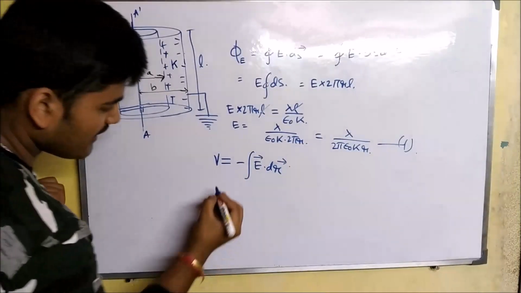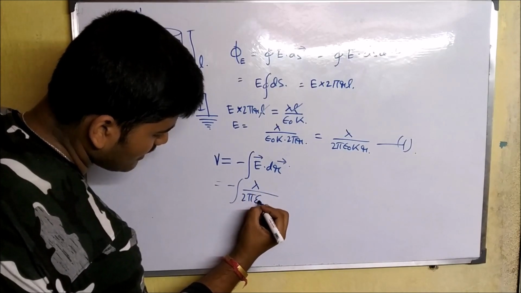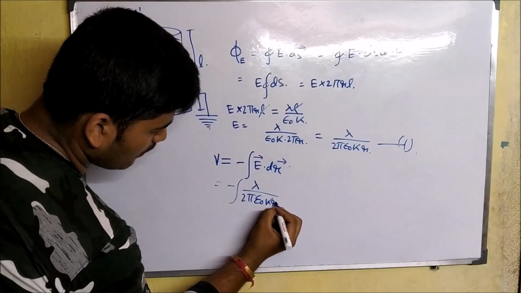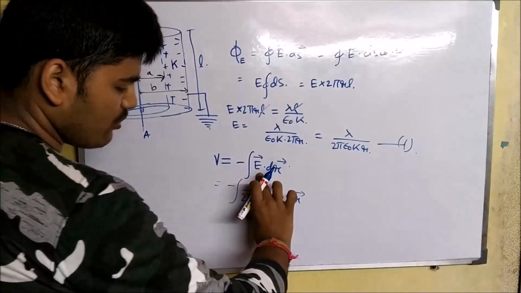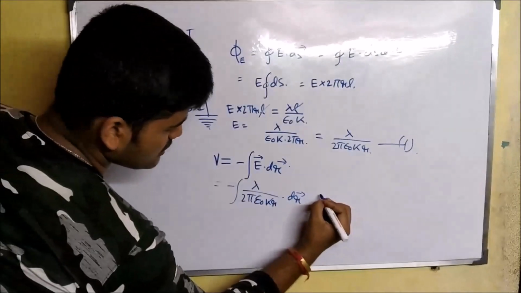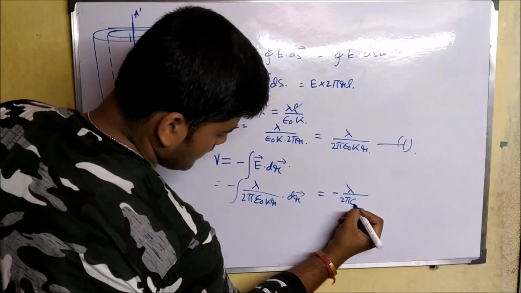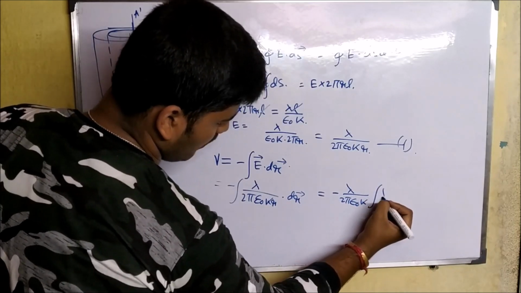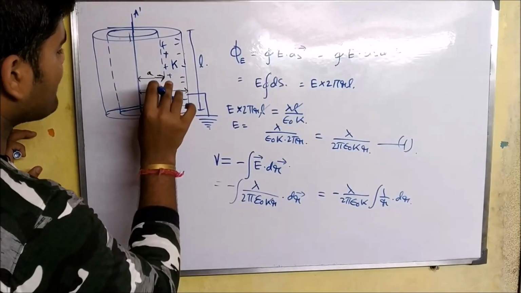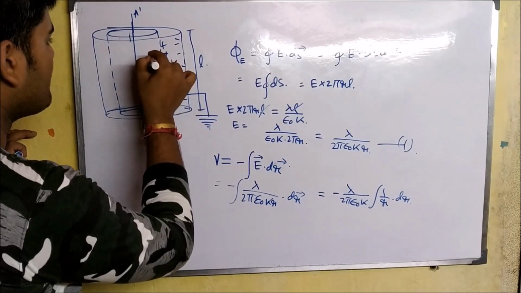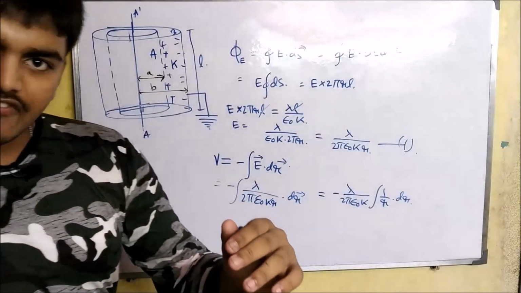If we put this value over here, we get V equals negative integral of λ by 2πε₀K into R dot dr. This is entirely a constant quantity, so it will come out of the integration, and this will be equals to negative λ by 2πε₀K, and inside the integral 1 by R dr. Now we have given the charge to surface A, and this is surface B. So we are doing the work of bringing the charge from the outer surface to the inner surface.